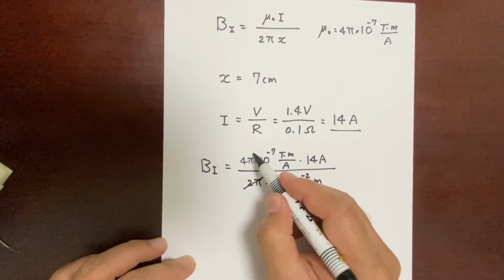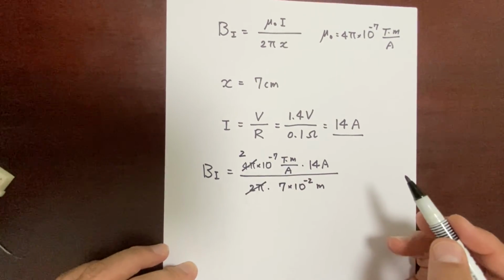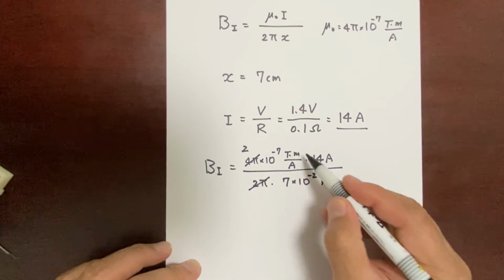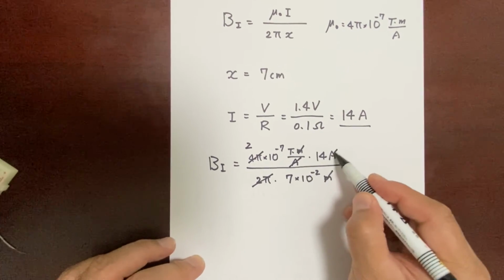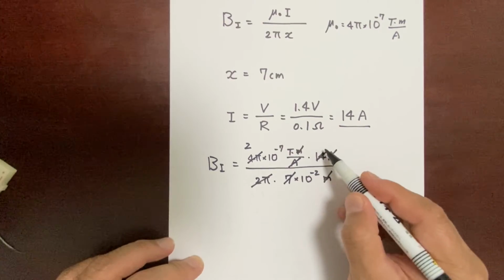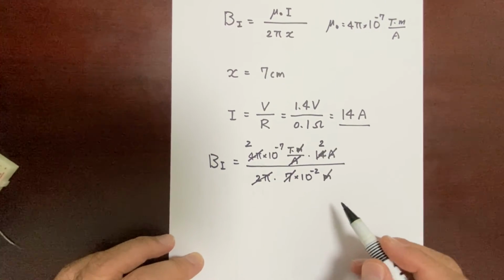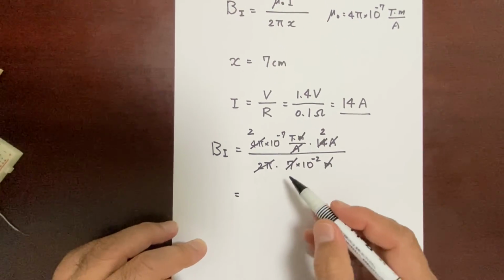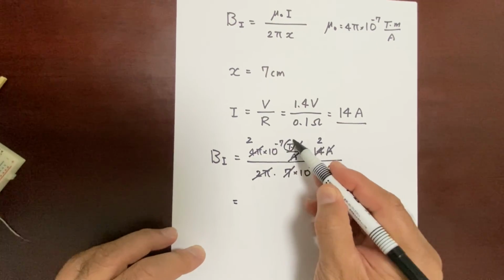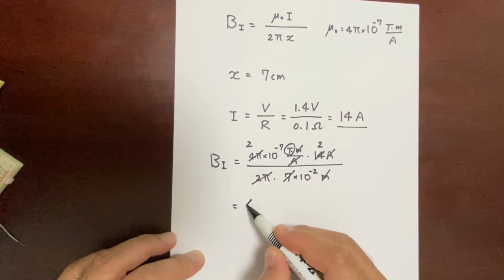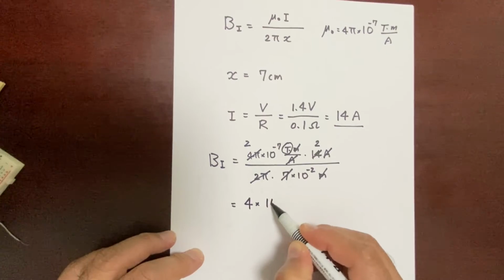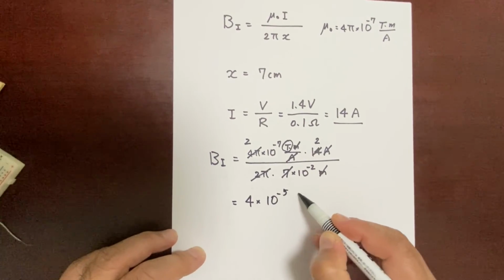Then 4 pi and 2 pi cancel to become 2. The meter is cancelled, and the ampere is cancelled, and 7 becomes 2. So the unit becomes only Teslas. It becomes 4 times 10 to the minus 5 Tesla.